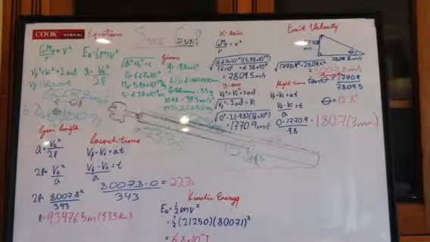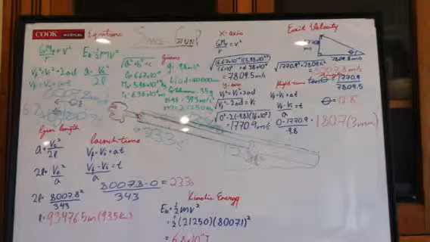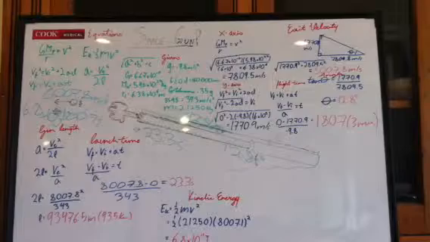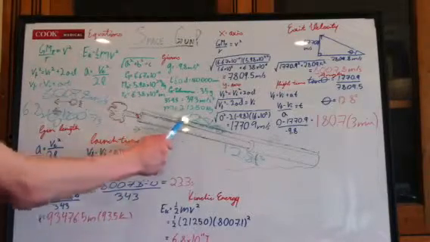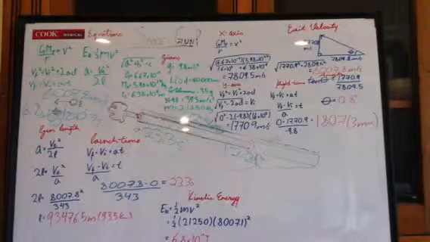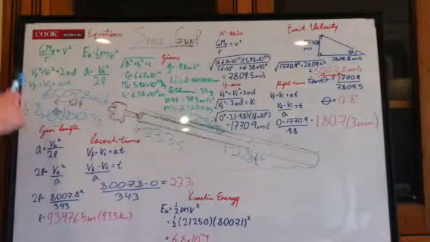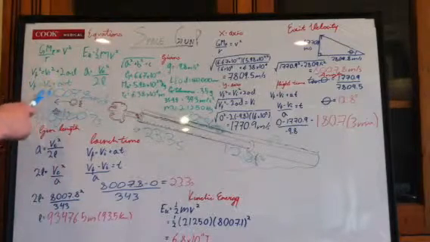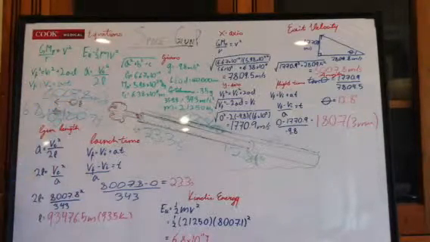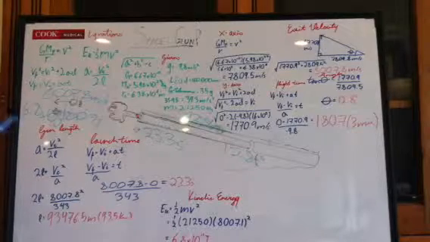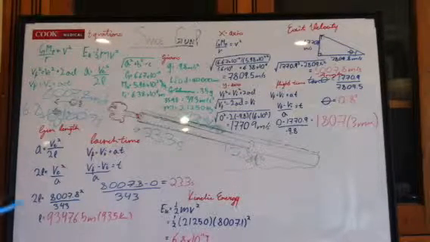So, in summary, let's look at all of our dimensions and energies we've found for this gun. It's going to be 93.5 kilometers long. The exit velocity of our projectile is going to be 8,007.8 meters per second.